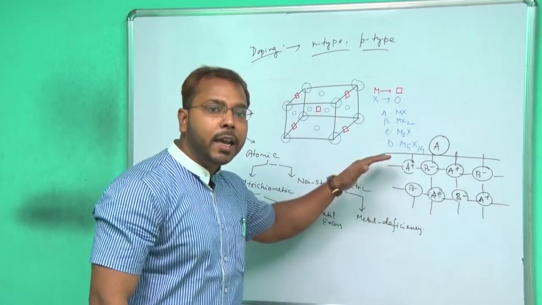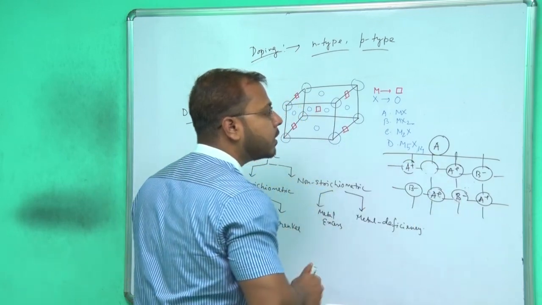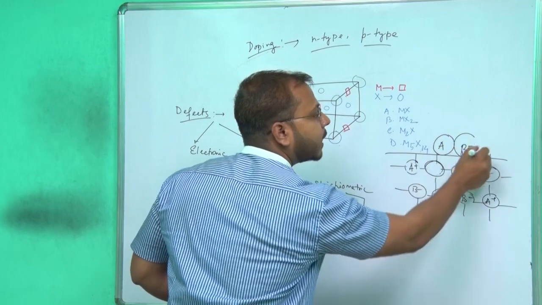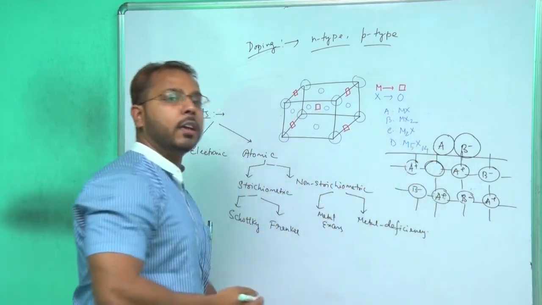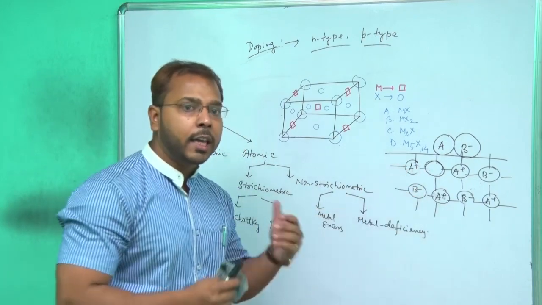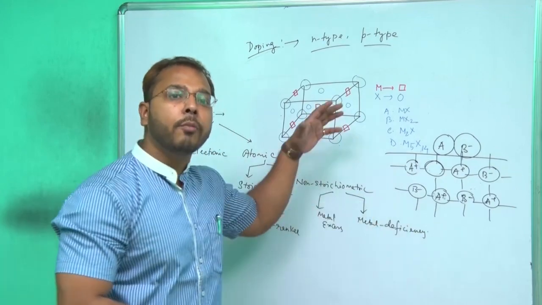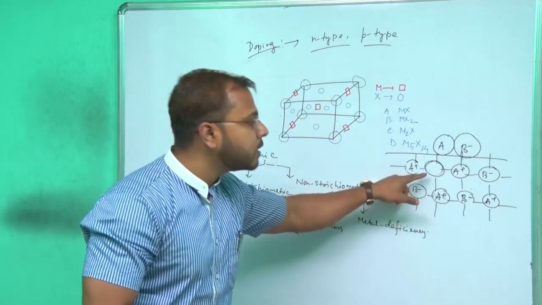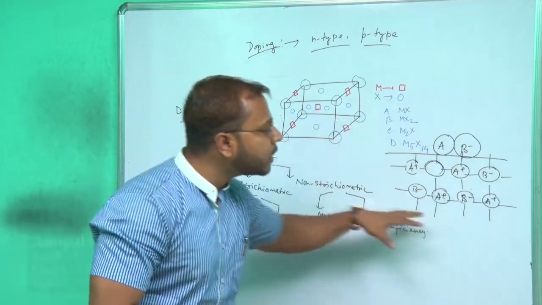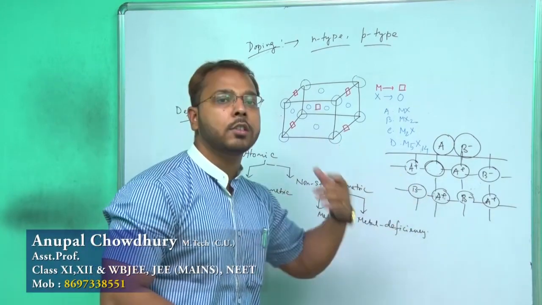One of the B minus ions can be removed from its original position and it may get attached to the newly arrived atoms. So this portion is vacant, but I have told you that for stoichiometric or non-stoichiometric, the total charges must be balanced. Here, within the crystal, the number of plus is more than the number of minus, so total charge is not balanced.